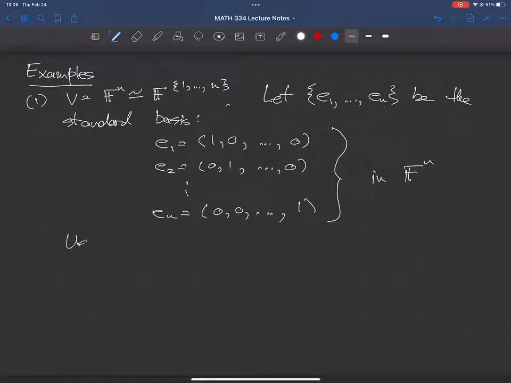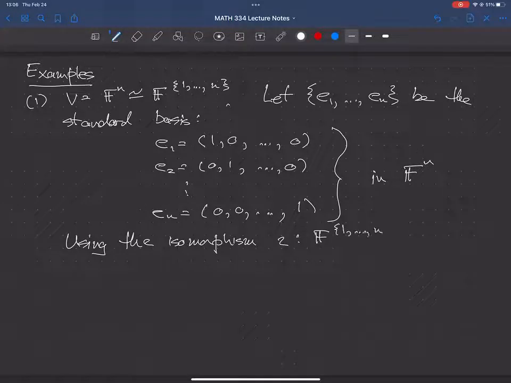So using the isomorphism, and I called it iota last time, so you can look back and remind yourself what that is if you forget.